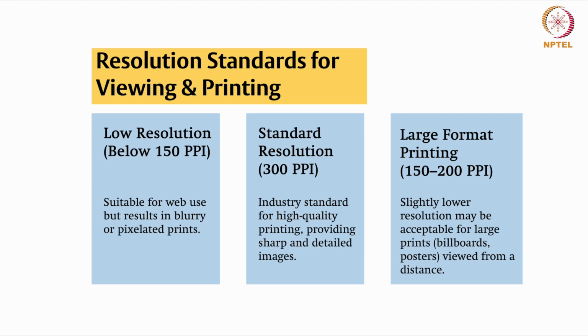So as said earlier, for high quality print, 300 ppi and above is the best thing which can be adopted to produce a very sharp and detailed image. Similarly, for large format printing, such as billboards and posters, 150 to 200 ppi is an ideal range.